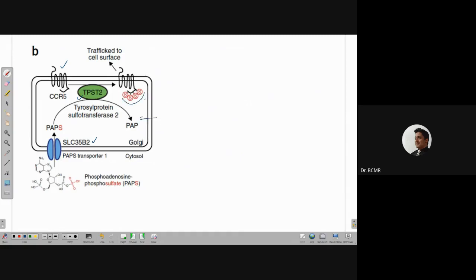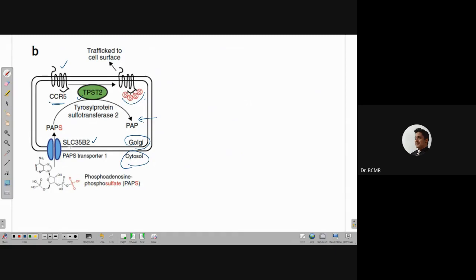This is the Golgi complex, okay, here, and this is the cytosol. So within these 2 enzymes, TPST2, that is tyrosyl protein sulfotransferase 2, is required for sulfation of CCR5.